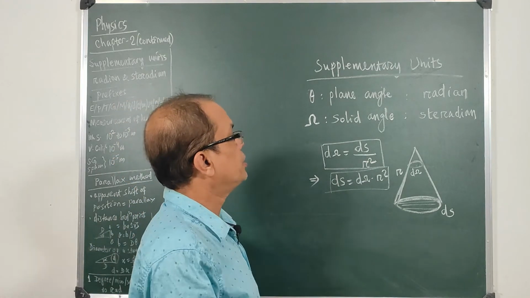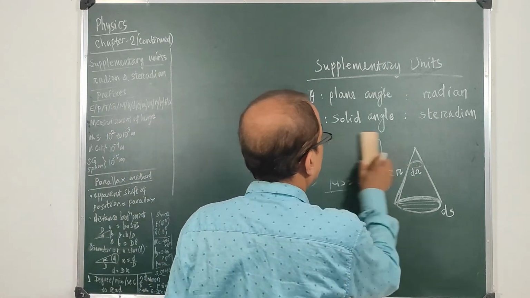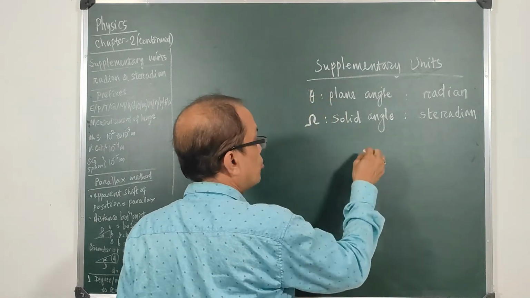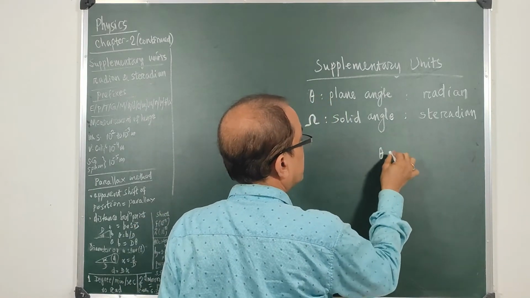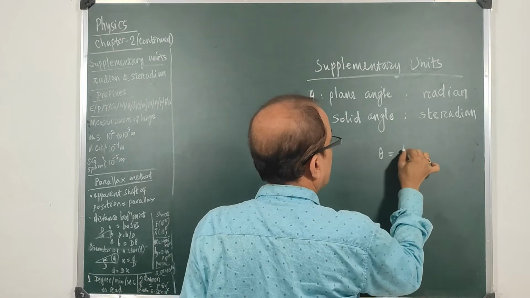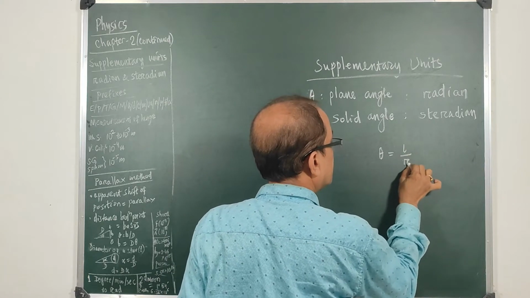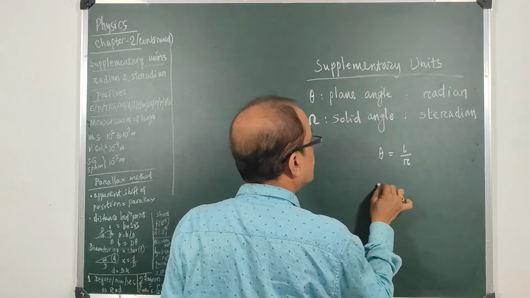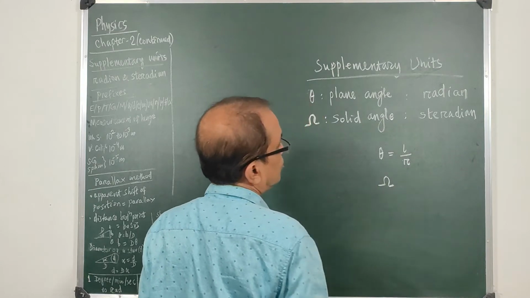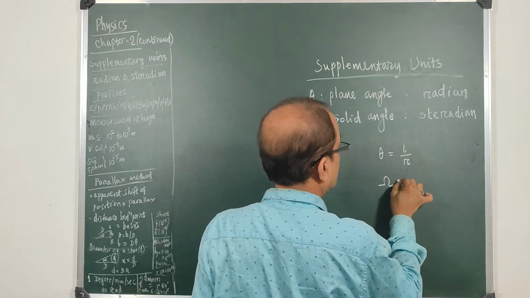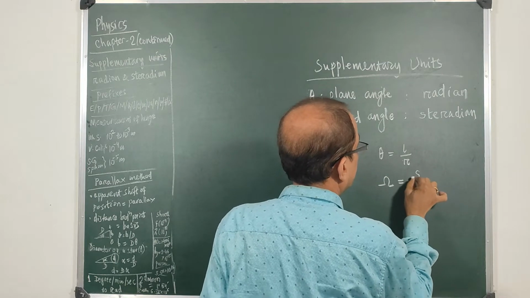In Gauss law this is used. So now we have two formulae. For plane angle theta we have L by R, and for solid angle omega we get S by R square.